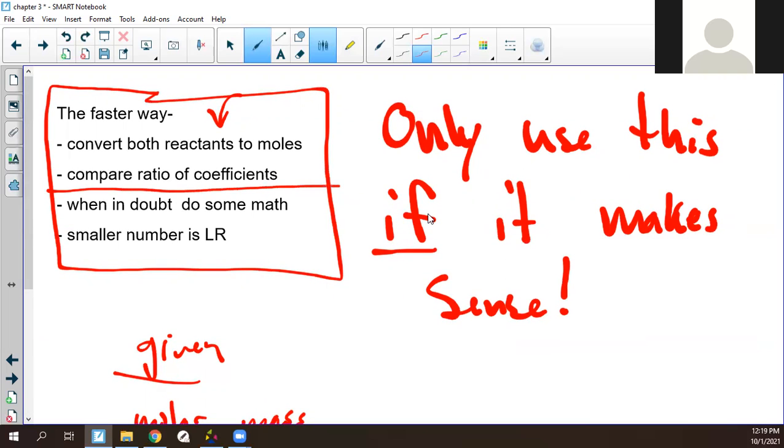Convert both reactants to moles. And then compare the ratio of coefficients. We'll get you there. I will hopefully help this make sense to most of you. So convert them to moles and compare the ratio of coefficients.